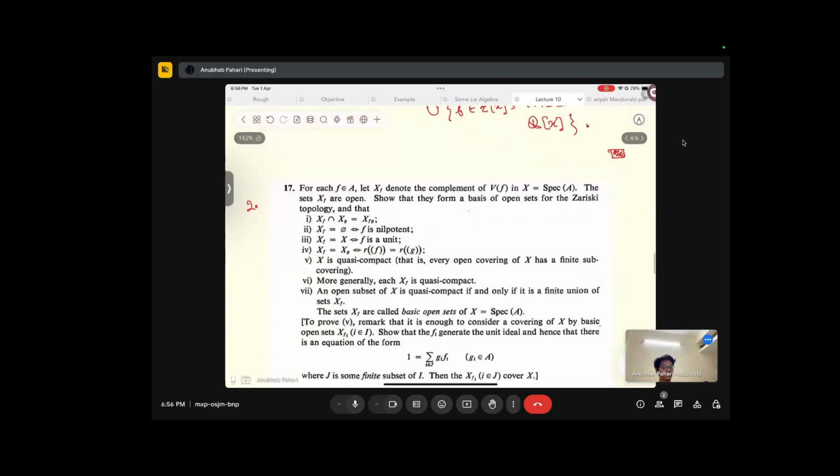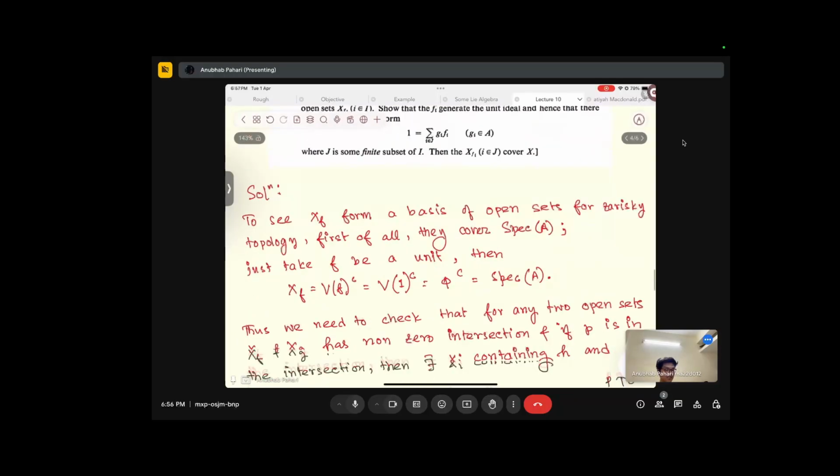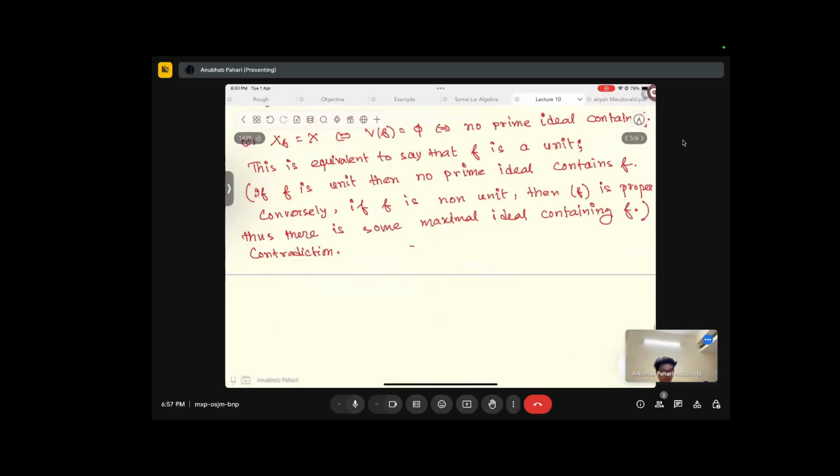Now for the fourth one, this is coming from the Hilbert Nullstellensatz, right? That if Vf and Vg are equal, then their radical ideals are equal.